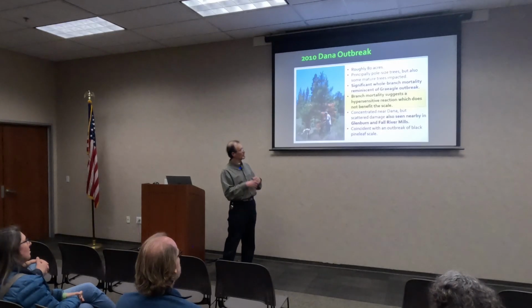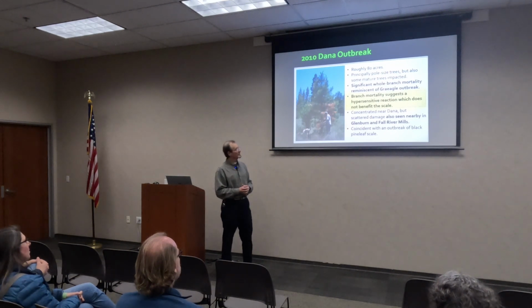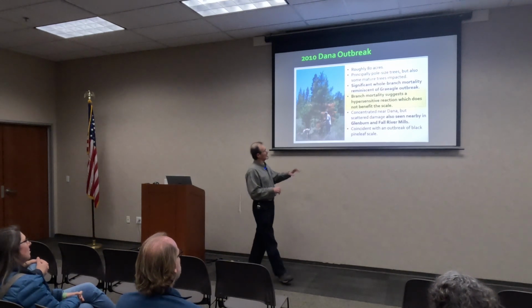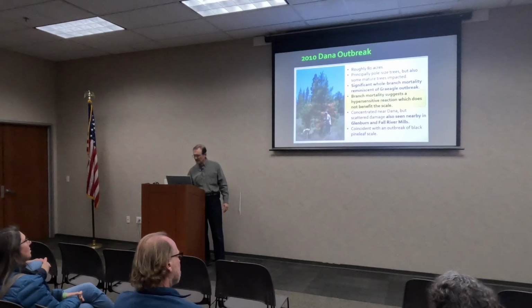These branches would die, and the scales would die. So it's really sort of a perversion that this occurs. But it does occur. And the best I can explain it is to say that it's a hypersensitive reaction from the tree. And the trees basically overdo it when they're trying to defend themselves from the scale.